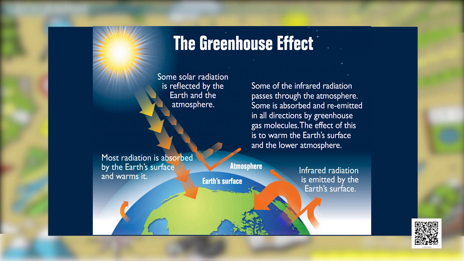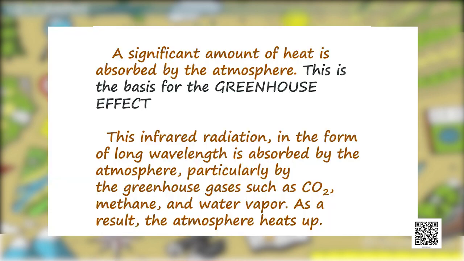When the radiation is re-emitted by the Earth, it is now in the form of long wavelength, infrared radiation, which does not easily pass through the atmosphere. Instead, this infrared radiation is absorbed by the atmosphere, particularly by the greenhouse gases, such as carbon dioxide, methane, and water vapor.